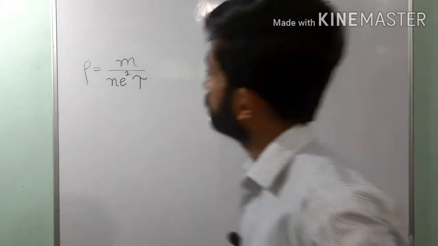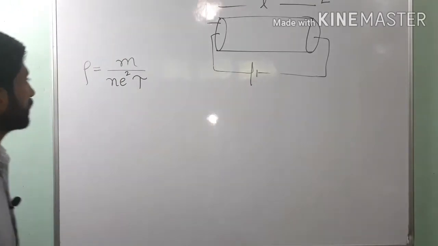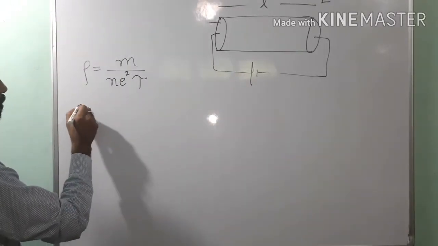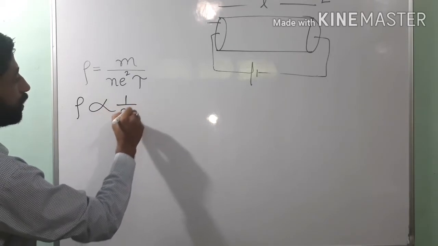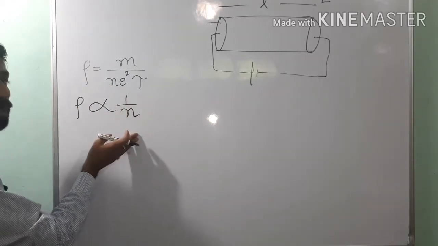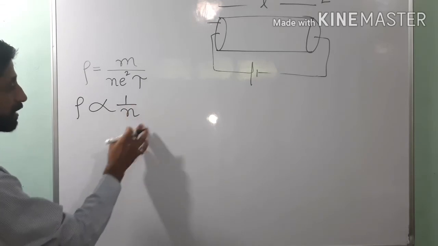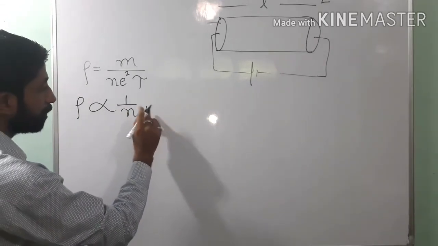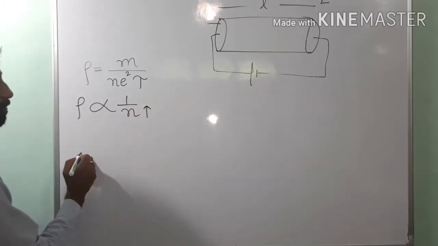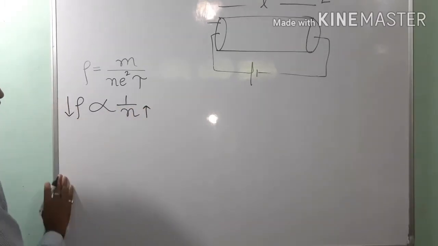So we have obtained this relation, and this is simply giving that rho is directly proportional to 1 over n, or inversely proportional to n. So if n increases, then rho decreases.